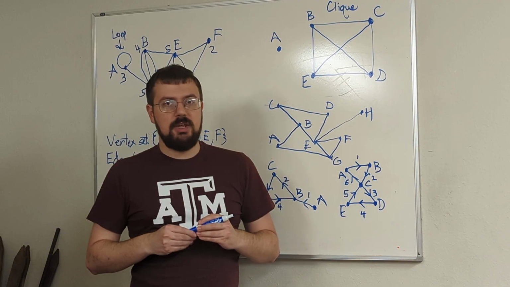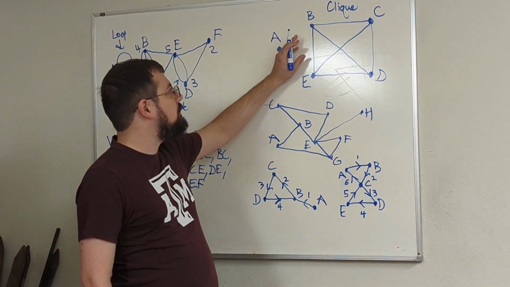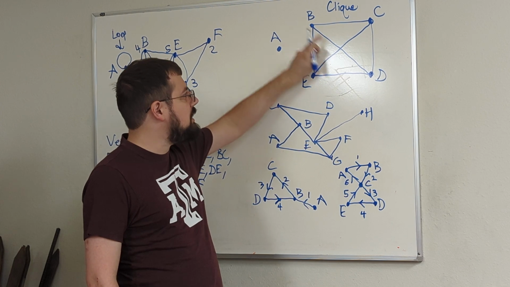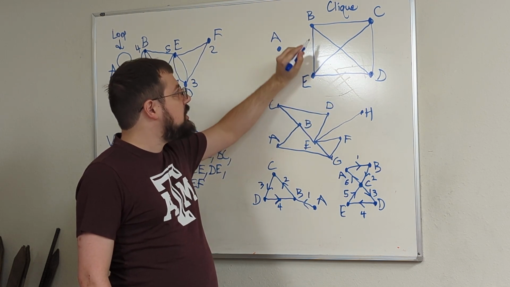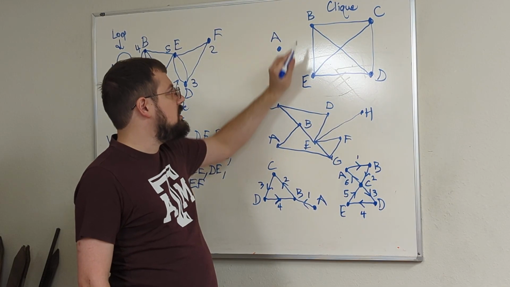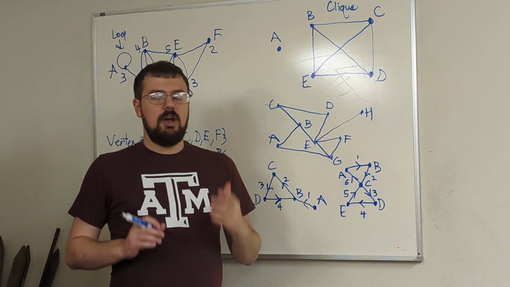A circuit is basically just a path that starts and ends at the same vertex. So if we went from B to D to E and then back to B, we followed 3 edges, BD, DE, and EB, and so we would say that this is a circuit of length 3.